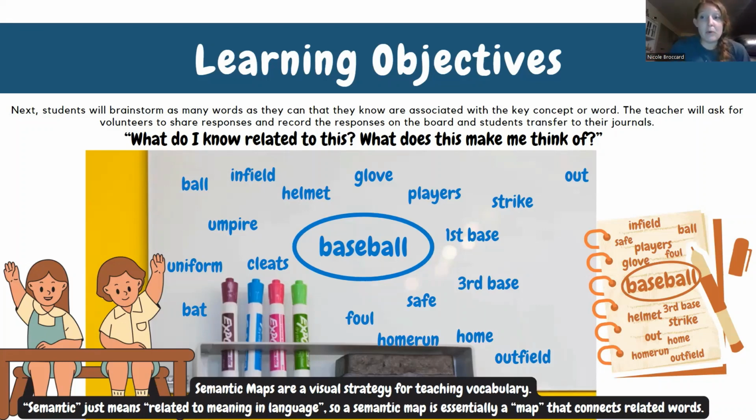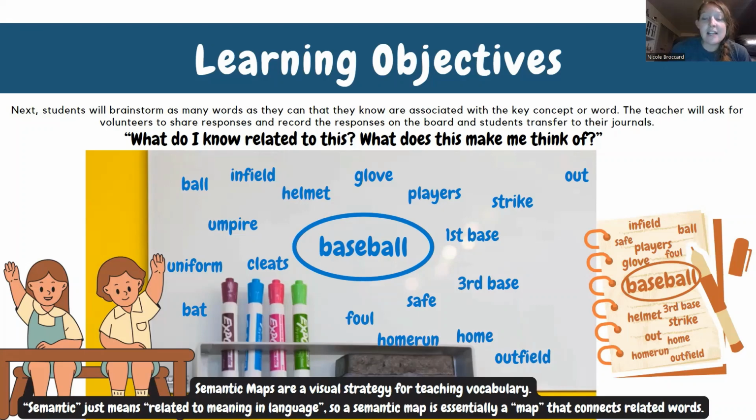For our example, we chose the word baseball as our concept word. If I had asked the class, students could have come up with related words, including ball, infield, helmet, glove, players, strike, out, umpire, uniform, cleats, bat, foul, safe, first base, third base, home run, home, outfield.